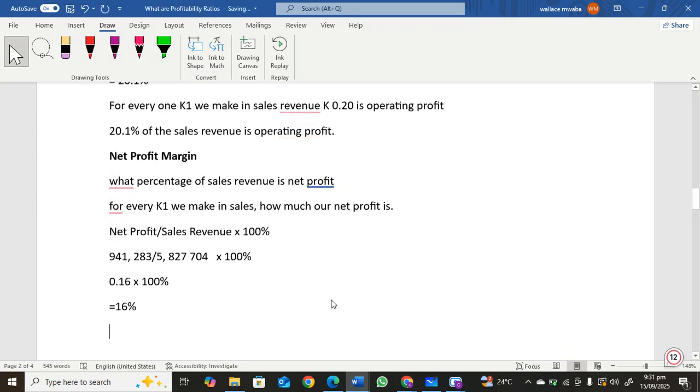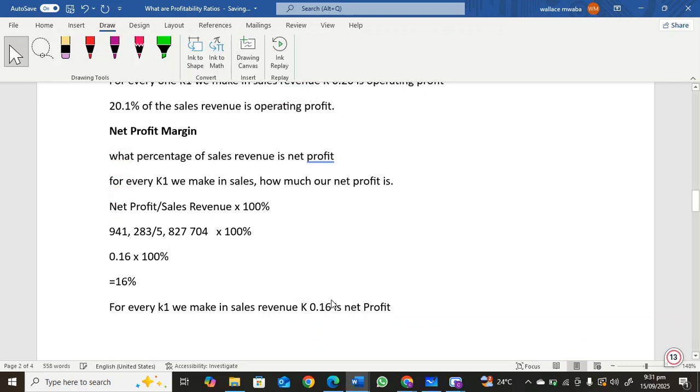So we can say for every one kwacha we make in sales revenue, 16 ngwe is net profit. Or you can say 16% of the sales revenue is net profit.